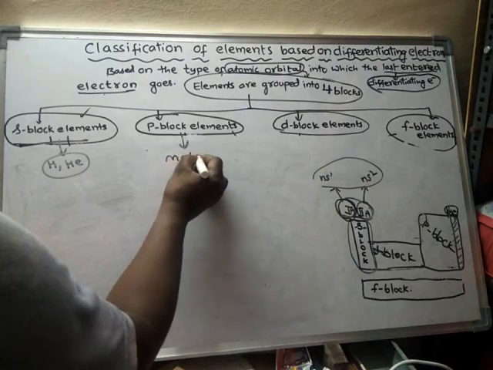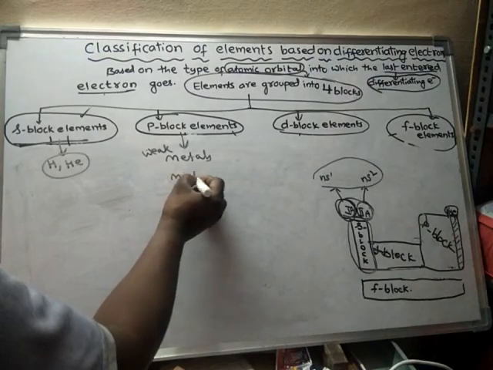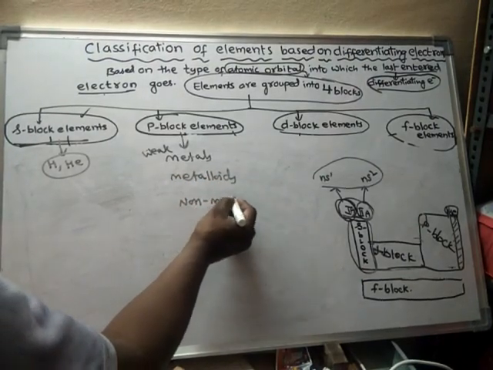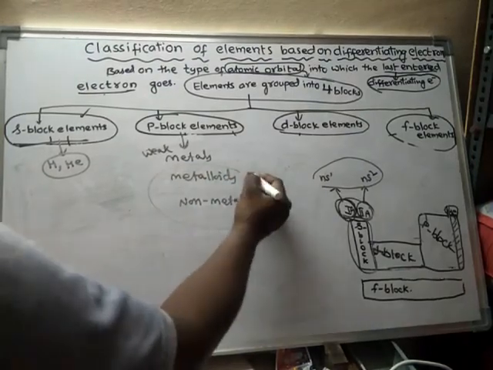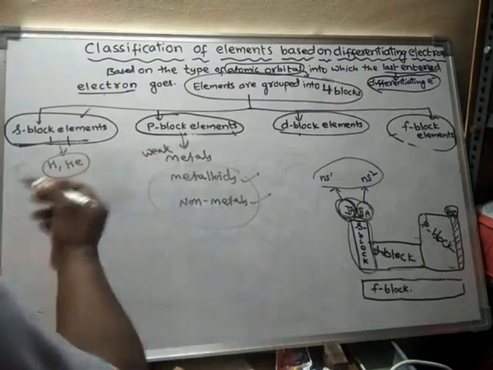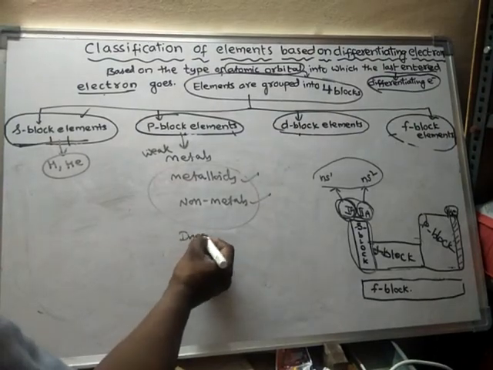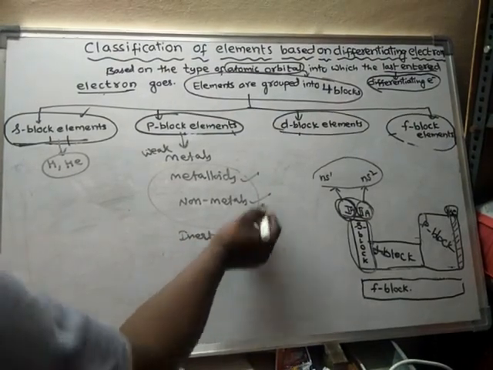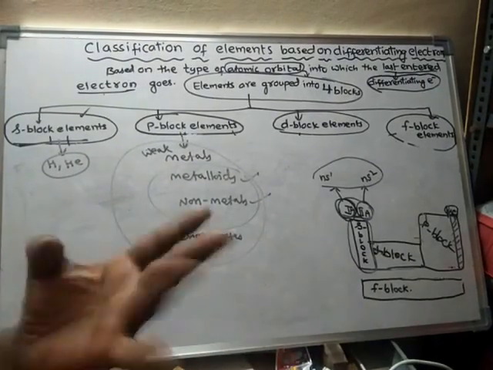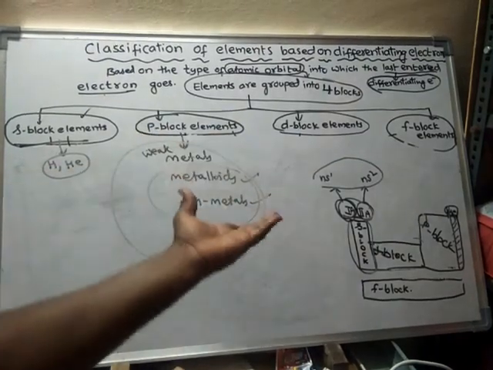In P block you will find weak metals, metalloids, non-metals, and even inert gases. In the entire periodic table there are 4 types of elements, and all 4 types are present in P block itself.